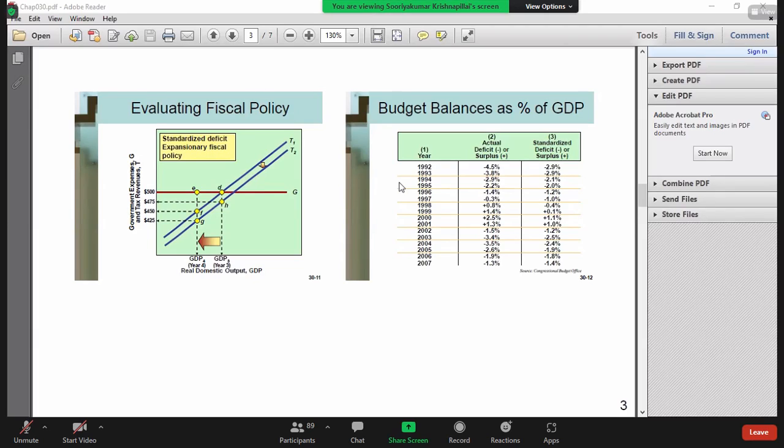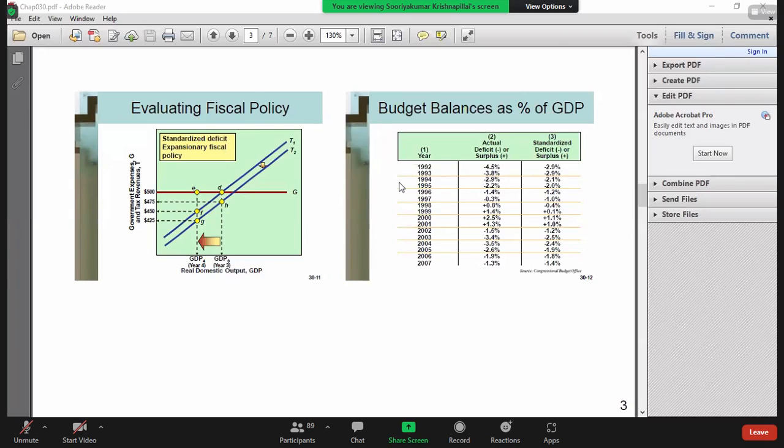So the automatic stabilizer is included, because the tax revenue curve increases. If the economy is now at GDP below the full employment, then to reach that full employment GDP, automatically the tax revenue should increase like that.